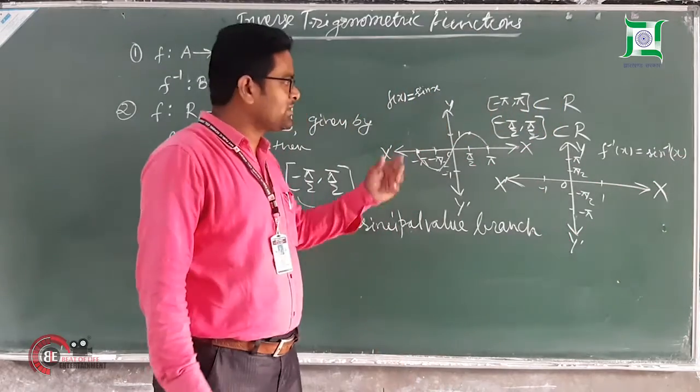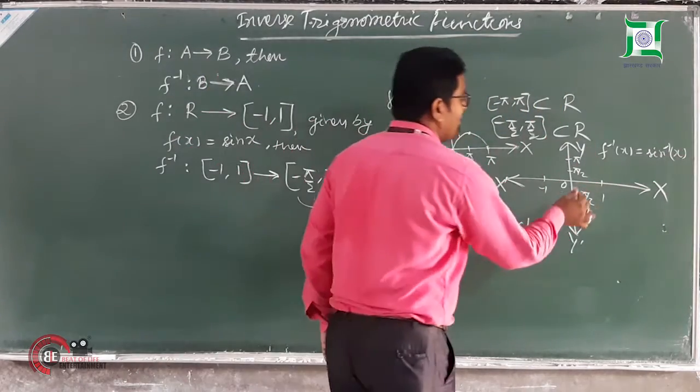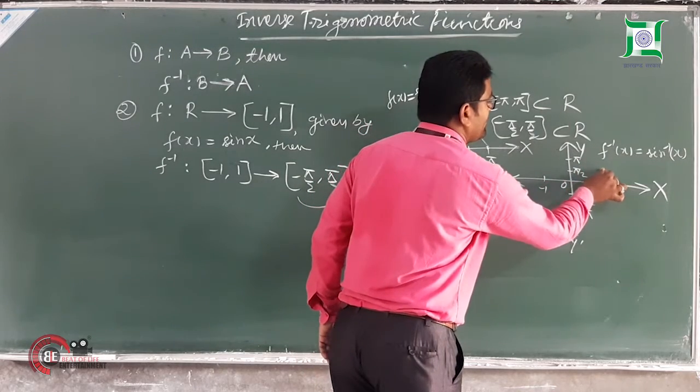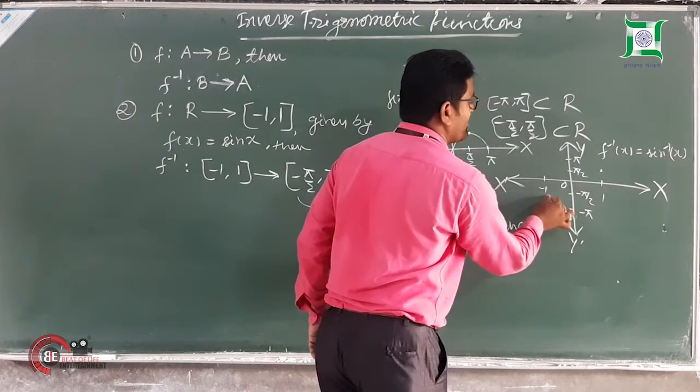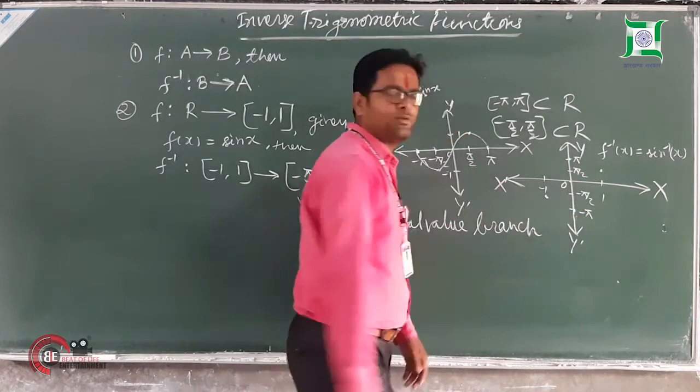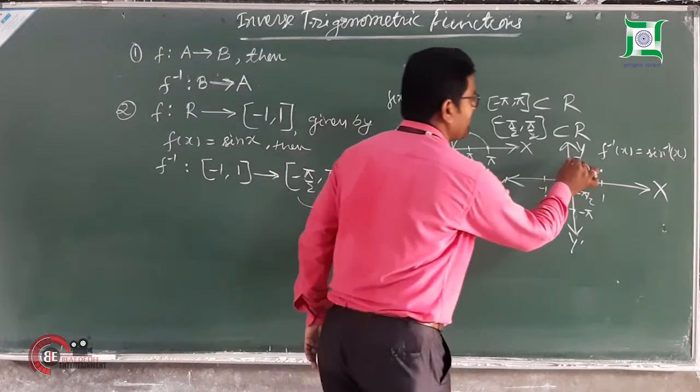Now, let us see the graph. Again, we are getting the same type of values. For pi by 2, we will get 1. For minus pi by 2, we will get minus 1. For pi, we will get 0. For 0, we are getting 0. Let us join them.